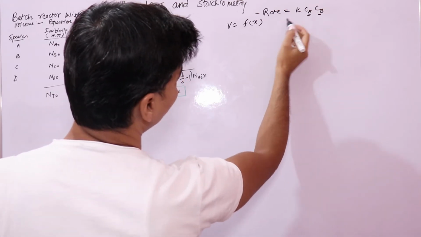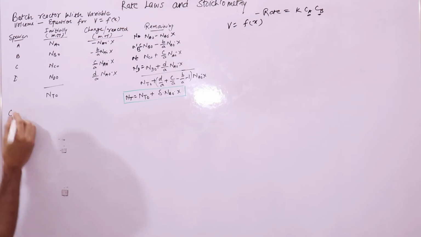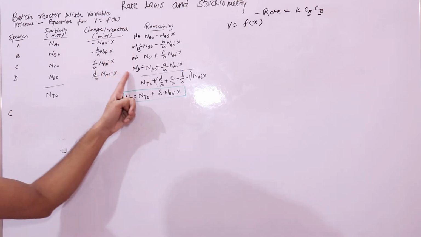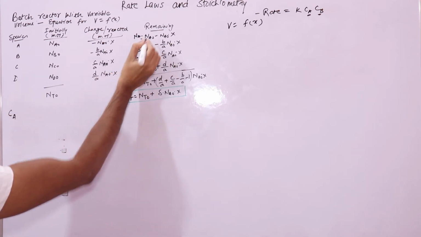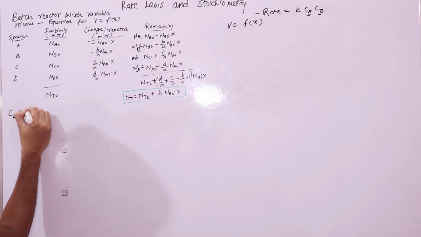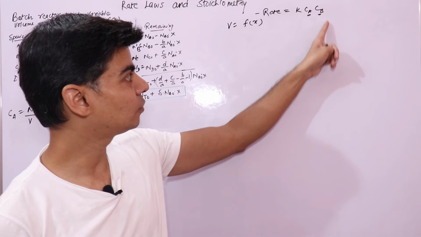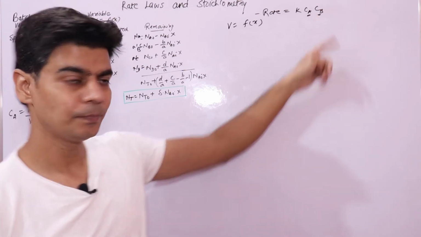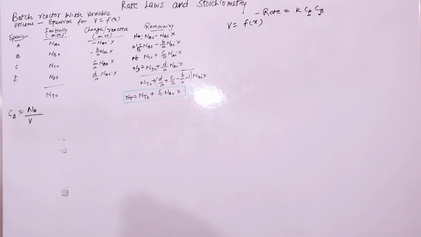To find volume, we know one thing: we need individual concentrations. To get concentration, for example for A, we have the number of moles of A divided by volume. So once you have volume, you will find concentration using this definition, which is moles per unit volume.